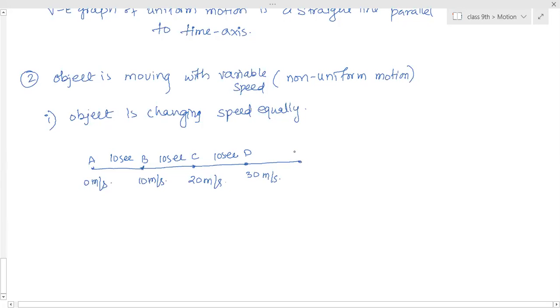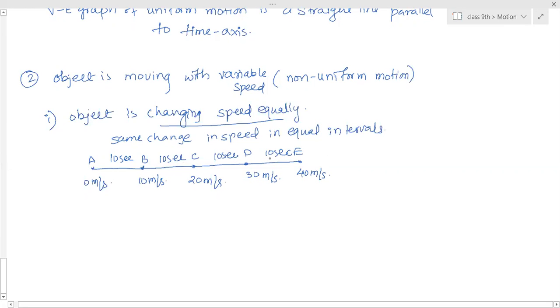Again, moving from D to E, the time taken is 10 seconds and the speed increases again. So how much is it? 40 meters per second. The change in speed should be the same in equal intervals.